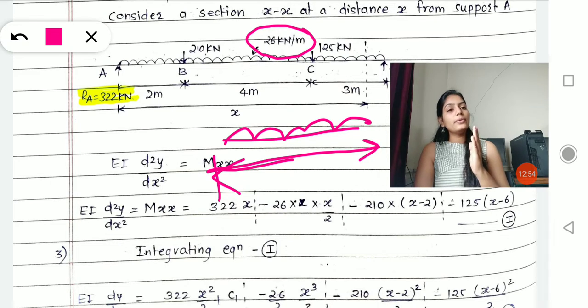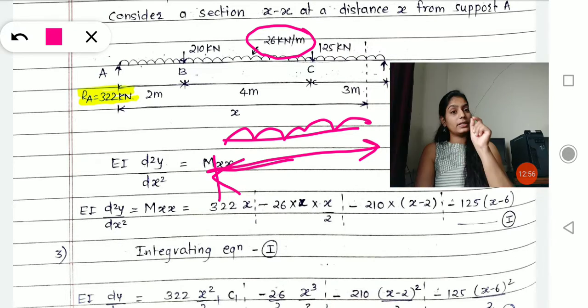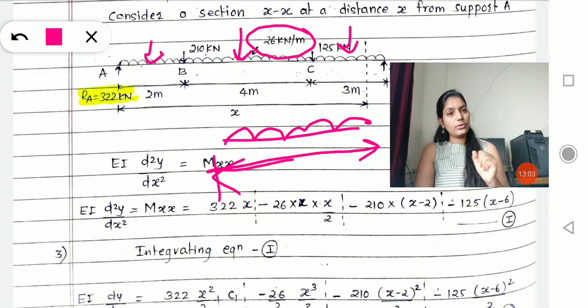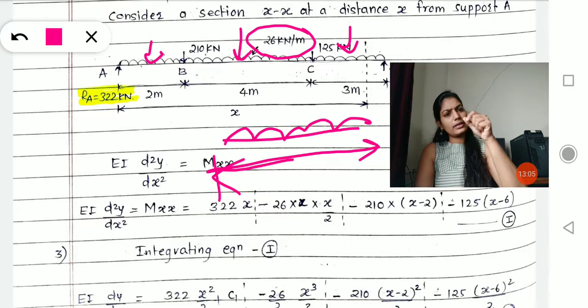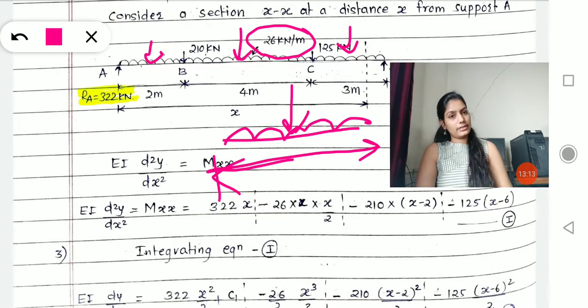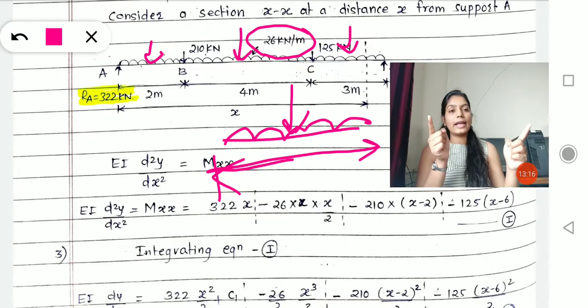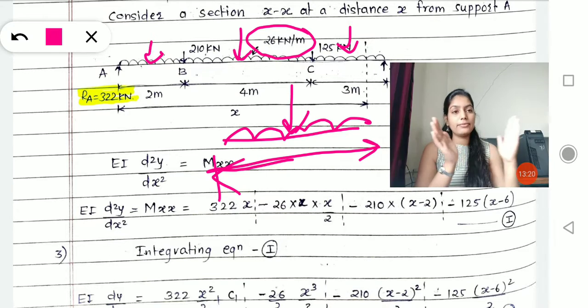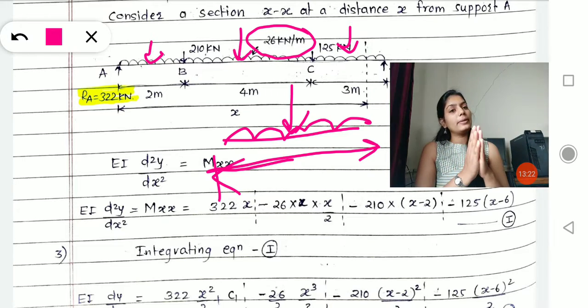Now where do I place it? If it is a point load, it must have its own place. So I have placed it at exactly the center of its applied distance. If it is applied for 9 meter, I will apply it at the center.